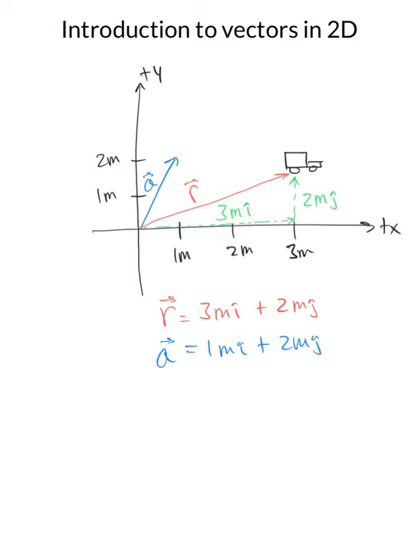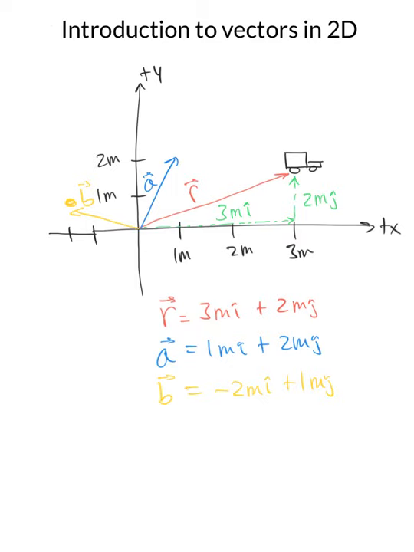Or I could have a vector that points in the negative direction. So for example, I could have a vector that points this way. Put some markers here. If I extend my coordinate system, then this yellow vector, I'll call it vector B, and I'll say that it points to the point negative 2 meters i hat plus 1 meter j hat.